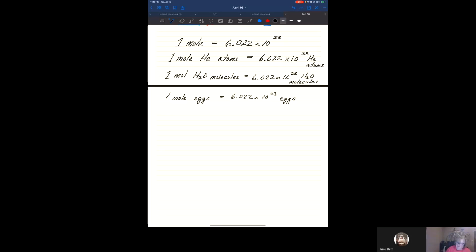Why do we have this concept of mole? If we step back for a moment and think about collision theory.